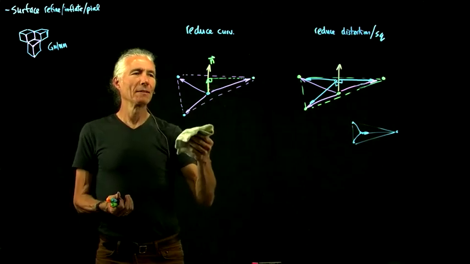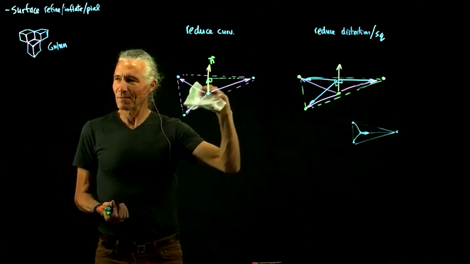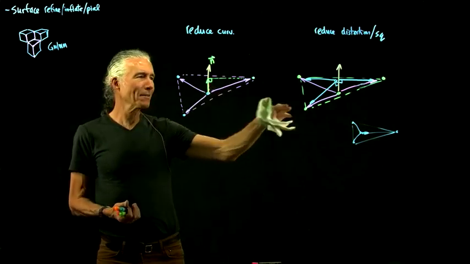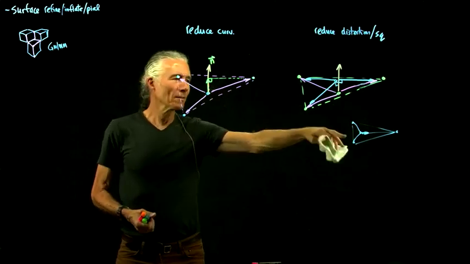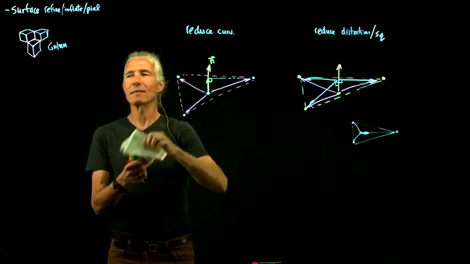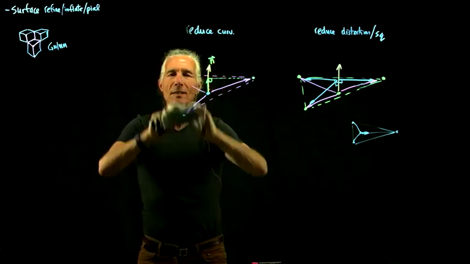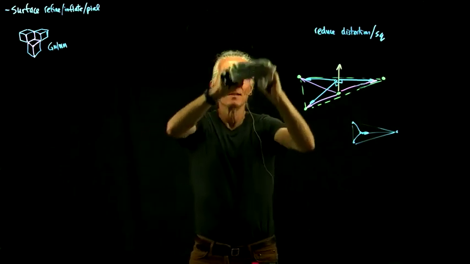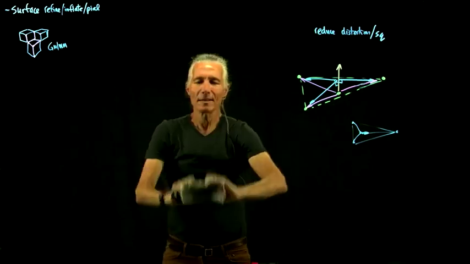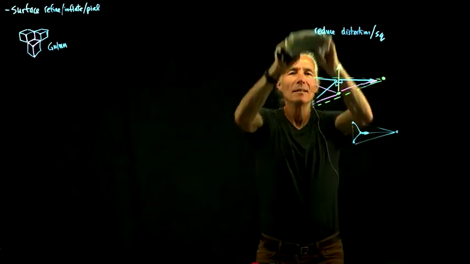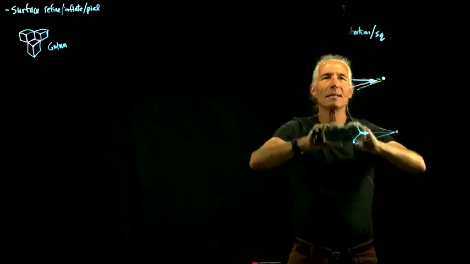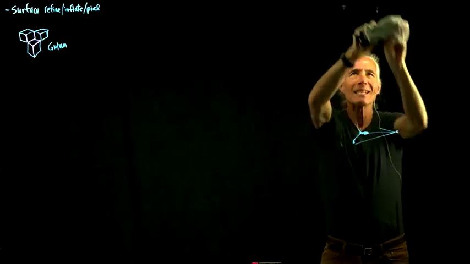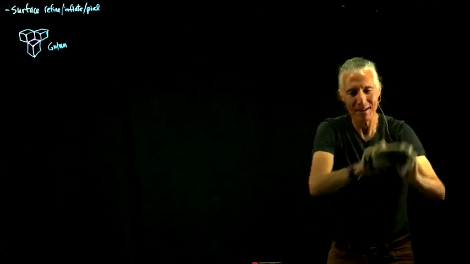You just fix the parts that are convex and concave, if you want to smooth it out, and redistribute the vertices so that you reduce the distortion. If you do those both at the same time, then you can do a nice refinement of the surface. But that's not the mathematically proper way to describe it.